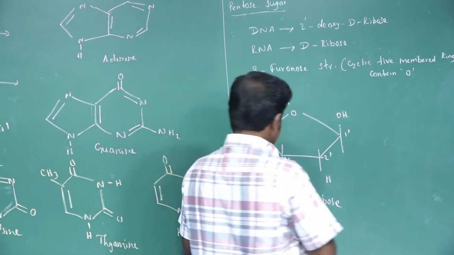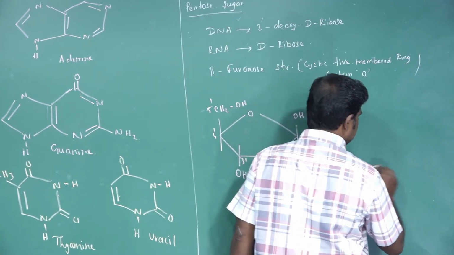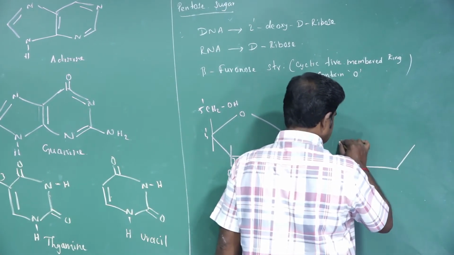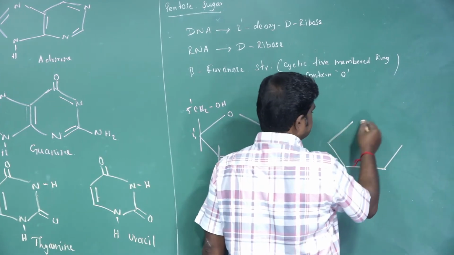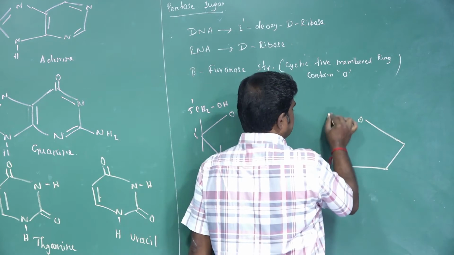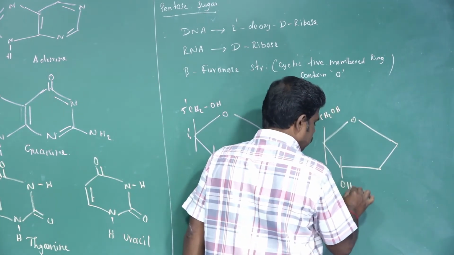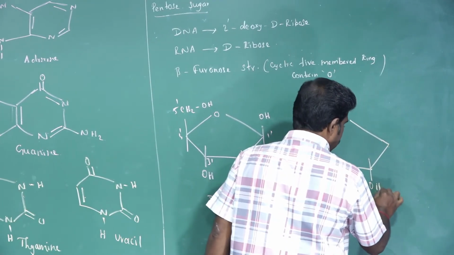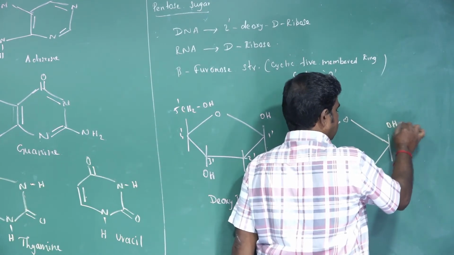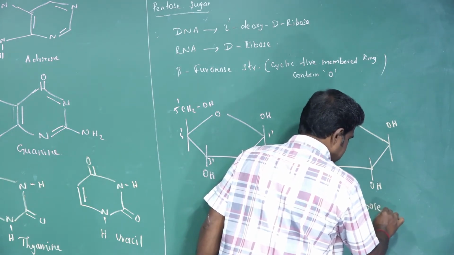Now we are taking D-ribose. Here we have CH2OH, and here OH, here OH, and here OH. Then it is D-ribose sugar.